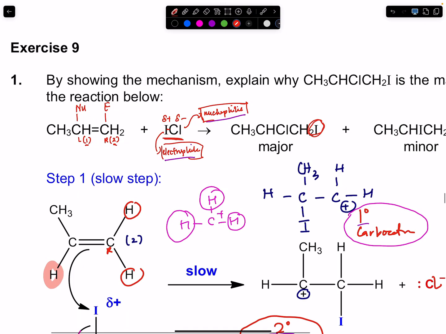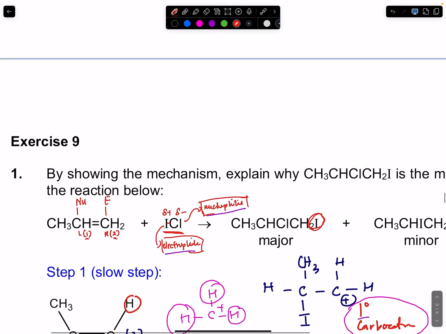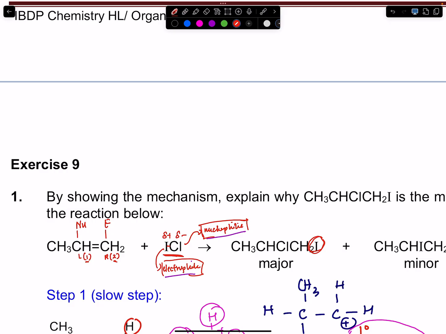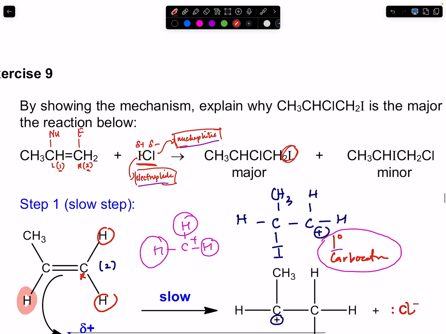Clear? The one that has more hydrogens will receive the electrophile, while the one that has fewer hydrogen atoms will receive the nucleophile. Why does that happen? Because of the carbocation, but you don't want to draw the carbocation because we want the answer out quickly.